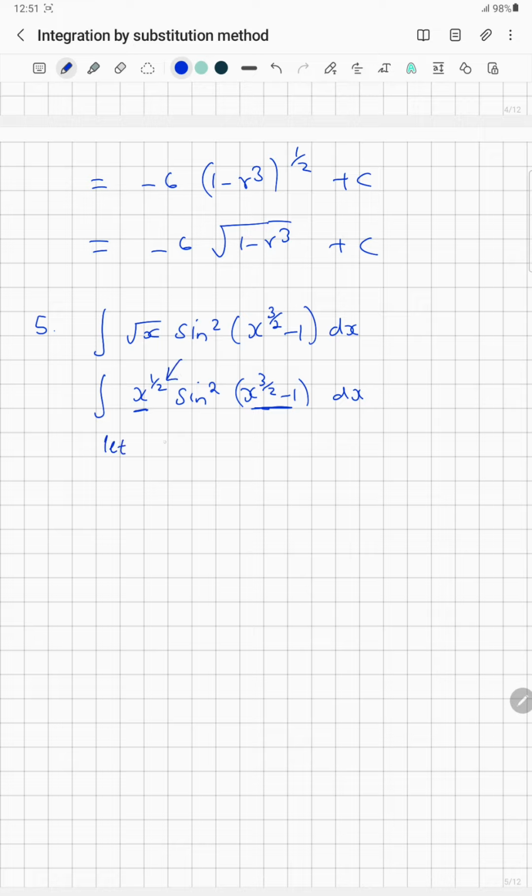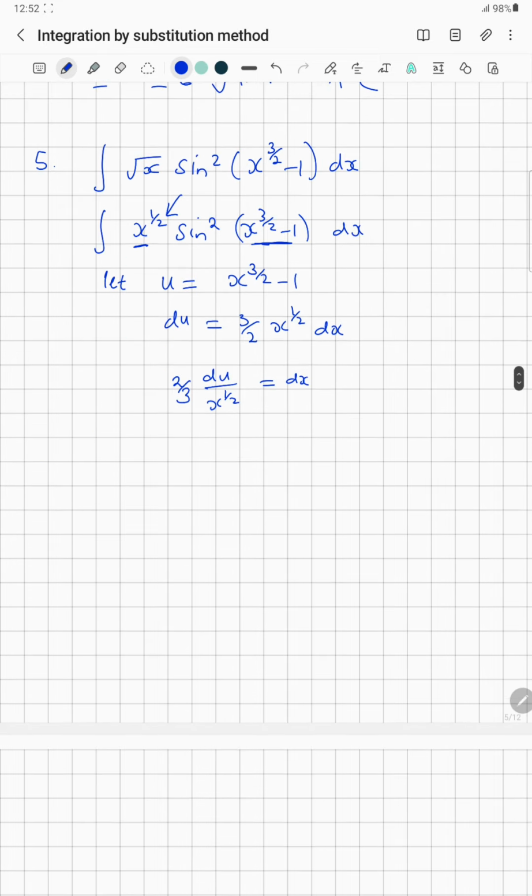So you can write u equals x to the power 3 over 2 minus 1. So this one will give us du equals 3 over 2 x power half dx. This implies that 2 over 3 du over x power half equals dx.